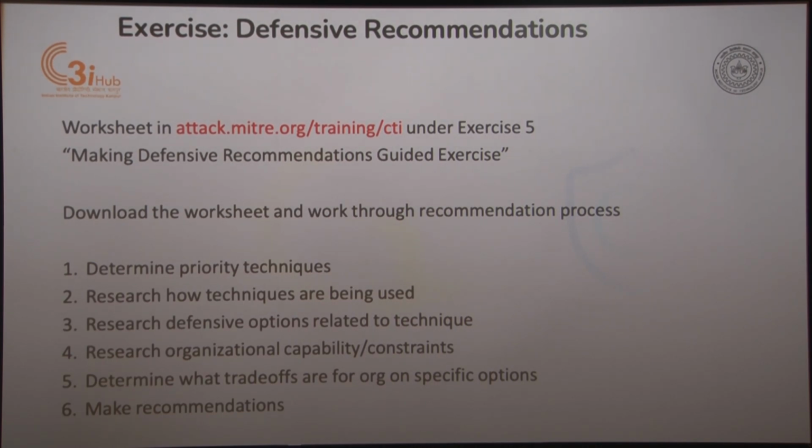As we discussed, you have to follow all the steps: first determine the priority technique, then research how this technique is being used, then what defensive options we have related to that technique, what organizational capability and constraints we have, determine the trade-offs for the specific organization given to you, and then make a recommendation.